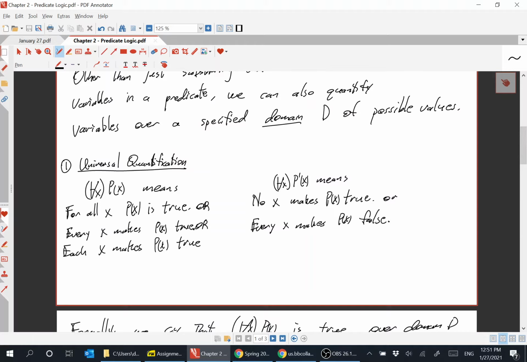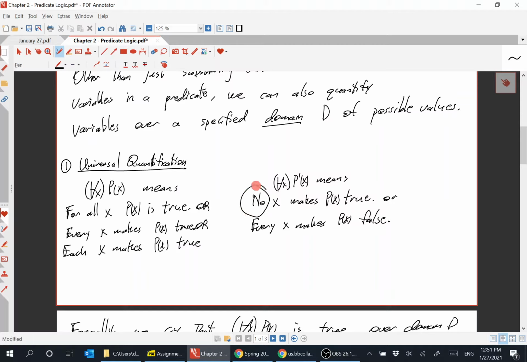There's universal quantification: for every x, P of x means for all x, P of x, every x makes P of x true, or each x makes P of x true. For all x, not P of x means no x makes P of x true, or every x makes P of x false. So every, each, all, these are all ways of doing universal quantification.